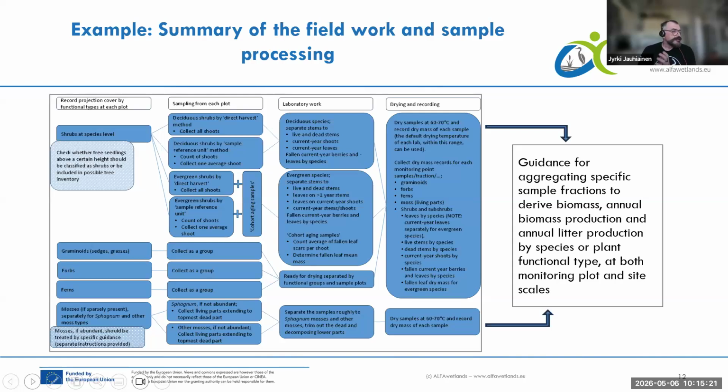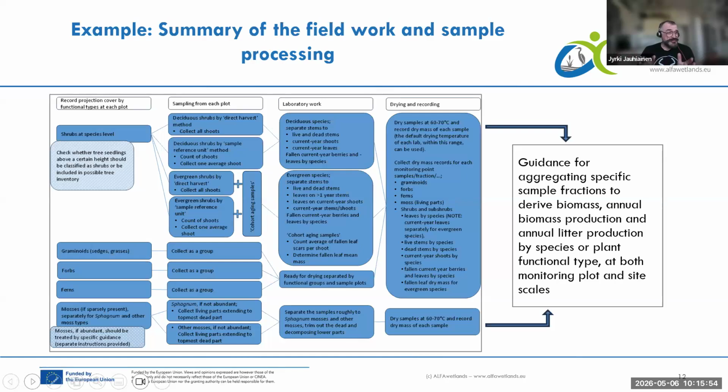Then from each plot we collect the shrubs. There are two methods for that: sampling the whole sample plot, which in our case is a 30 by 30 centimeter plot, but that can be adapted to the conditions, collecting all the biomass from the monitoring plot, or taking representative samples of each species found there.